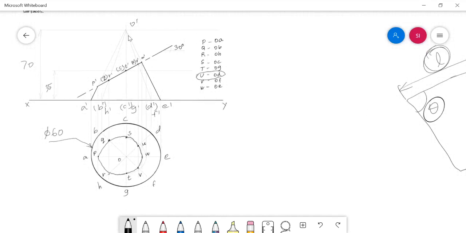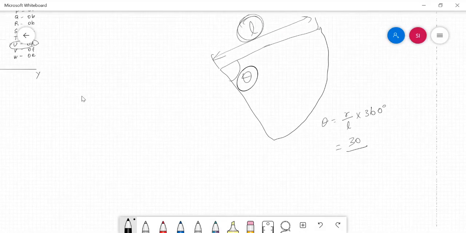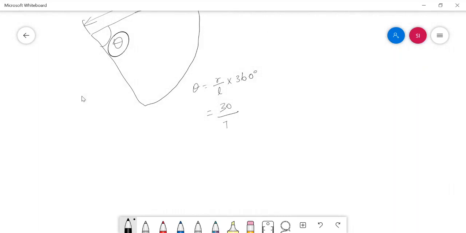In this software application, I do not have a provision to measure this length, but it is definitely greater than 70 mm. So for the time being, I am approximately taking the value as 75 mm, but in your paper the value may differ, and I am continuing the calculation.